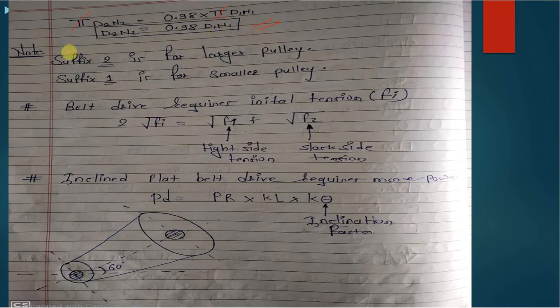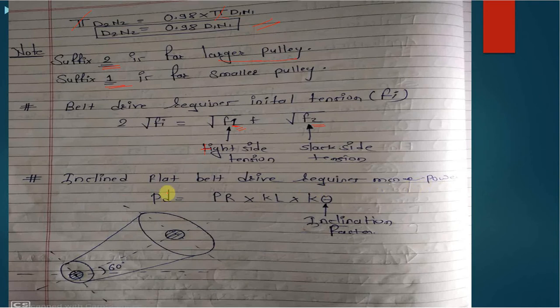Now note some basic information. Suffix 2 is for larger pulley and suffix 1 is for smaller pulley. Belt drive requires initial tension. Here F1 is the tight side and F2 is the slack side. Here is tight side tension. Inclined flat belt drive requires more power.